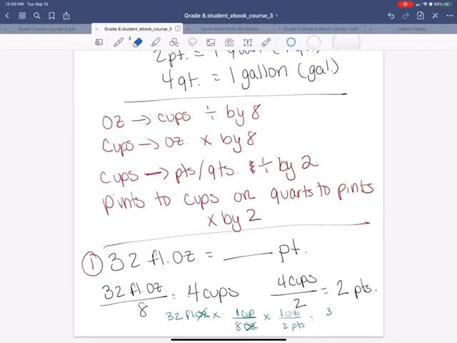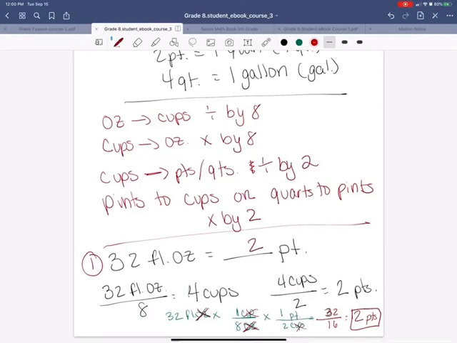Oops, I'm sorry, that's not pints. This is cups. And here is our pint. All right. So our cups will cancel out. Our ounces, they cancel out. So here we're left with 32 times 1 times 1, which is 32, divided by 8 times 2, which is 16, and that gives us 2 pints. Here's just another way to look at it, all right?